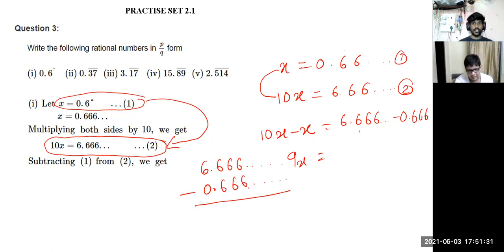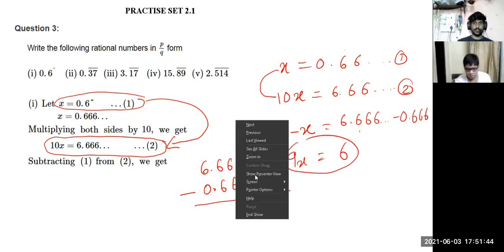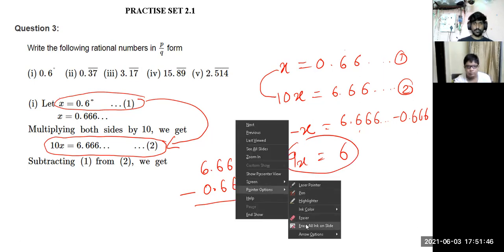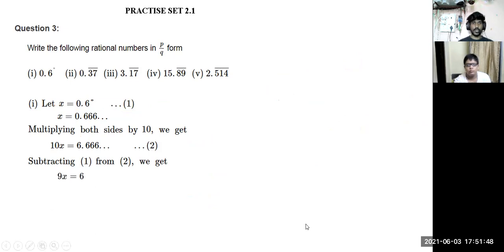Will it just be 6 then? Yes, correct. It will just be 6. Understood? I hope you understood why just 6. Yes. Okay. So 9x is equal to 6. Correct? So what will be the value of x?